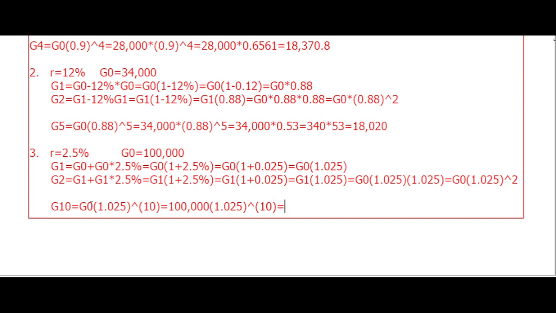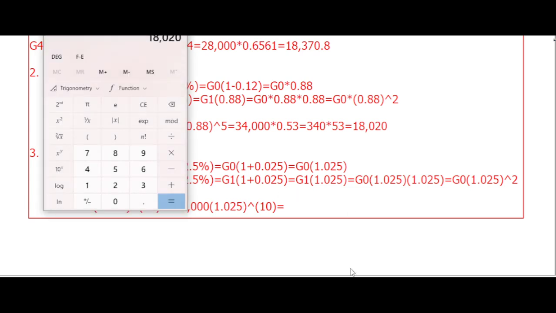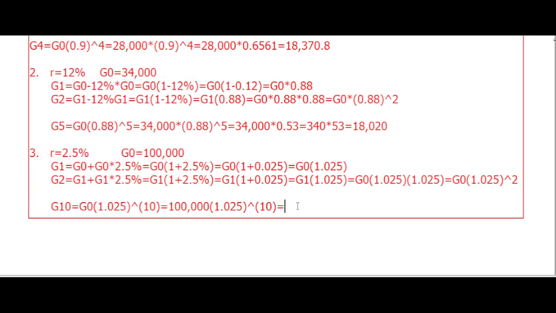1.025 power 10 is equal to, taking 2 decimal places, 1.28. So 1.28 times 100,000.